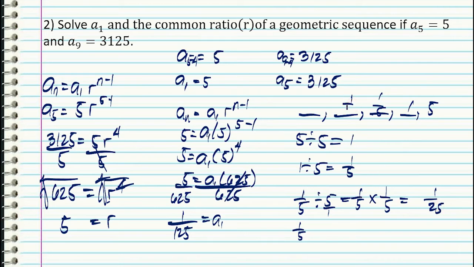So we have now 1 over 25. And 1 over 25 divided by 5 is, again, we will have the reciprocal, so multiplication by 1 over 5. So this actually equals 1 over 125. And that's it. This is the first term. So as you can see, we obtain the same result.